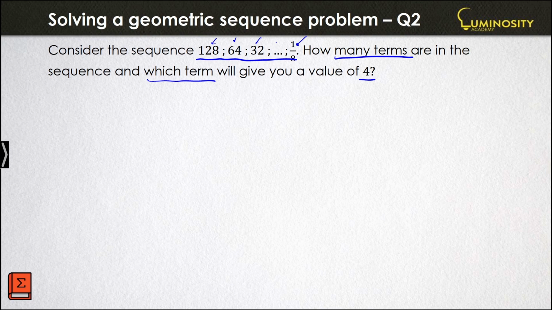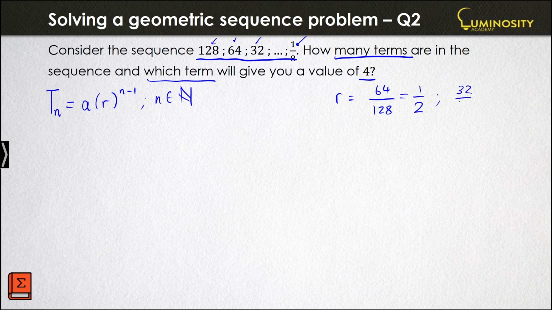All right. So first of all, let's check if this is a geometric sequence, which can be written as a times r to the power n minus 1, where n is a natural number. Well, firstly, if I take t2 divided by t1, that's 64 over 128, that gives me a half. So that's my r. But let's check. What about 32 divided by 64?